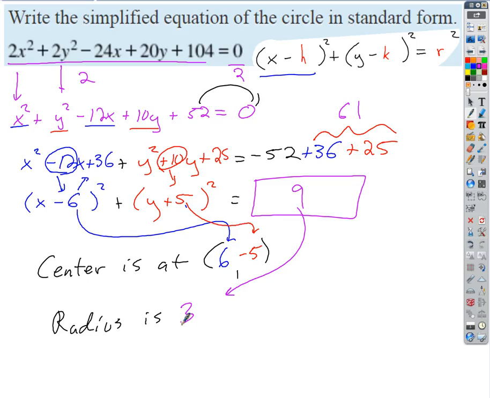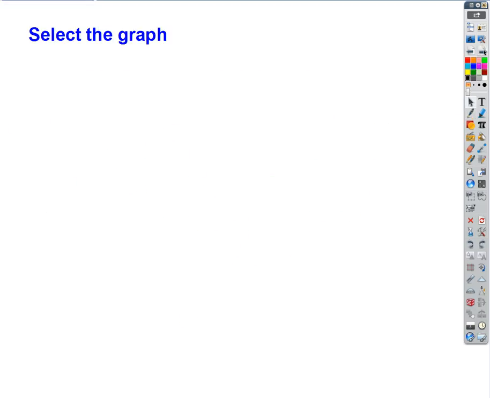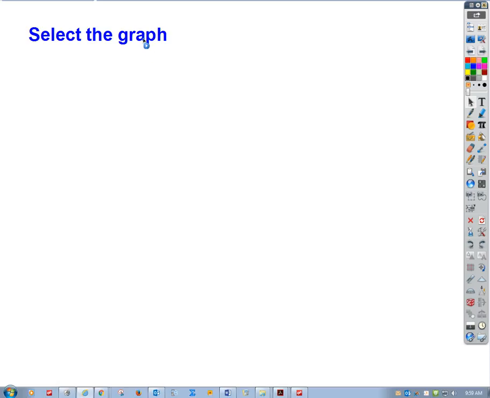Okay, and so if we wanted to do one, like select a graph. So what if we had, let's see if this works. Oh, there it is.